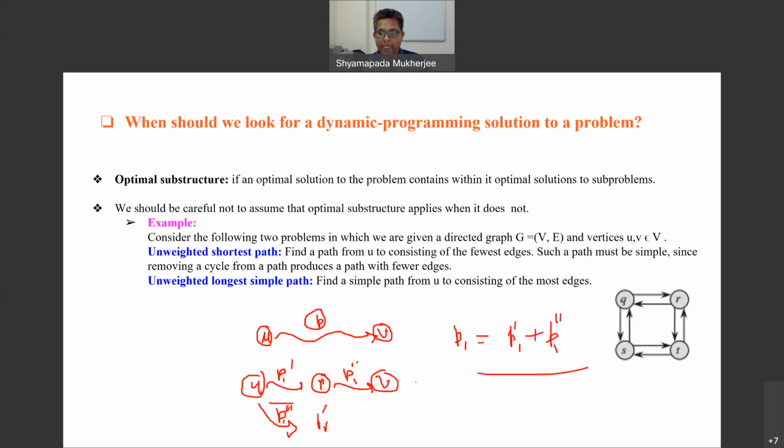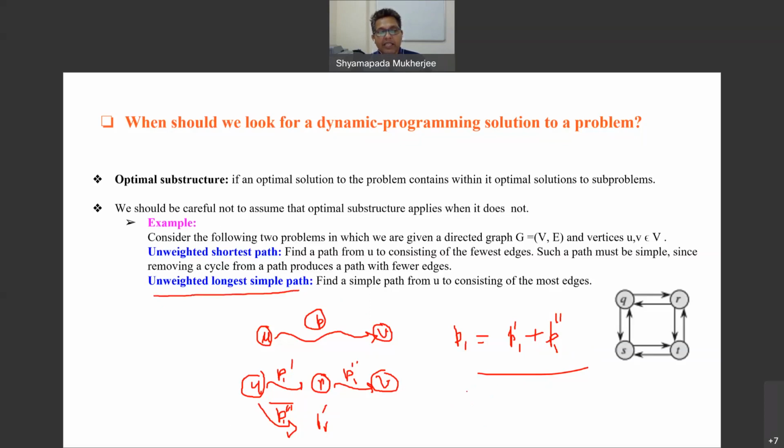But if we, in excitement, try to solve the unweighted longest simple path using dynamic programming, we can guess that it can also be solved using dynamic programming because it is similar to the unweighted shortest path problem.